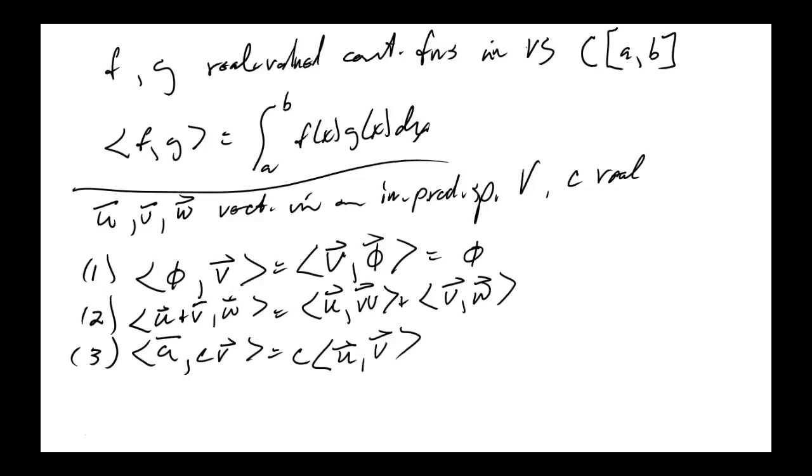And basically I almost said this one before. I said it doesn't matter where you put the c. It doesn't. So these are just other properties that these will have if they're inner product spaces.